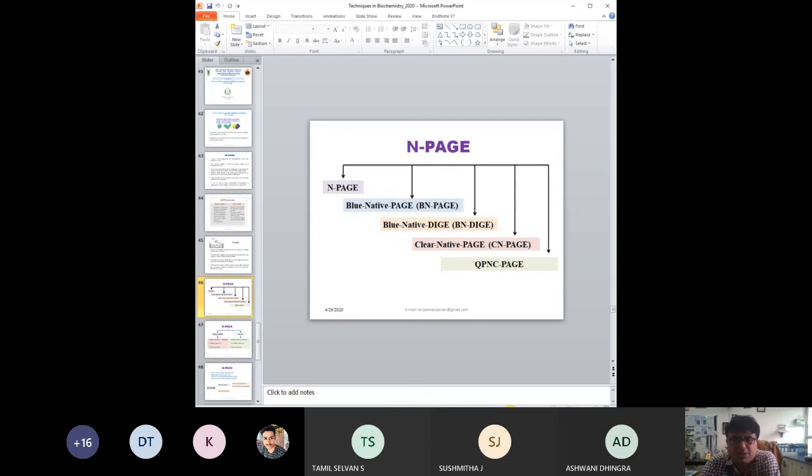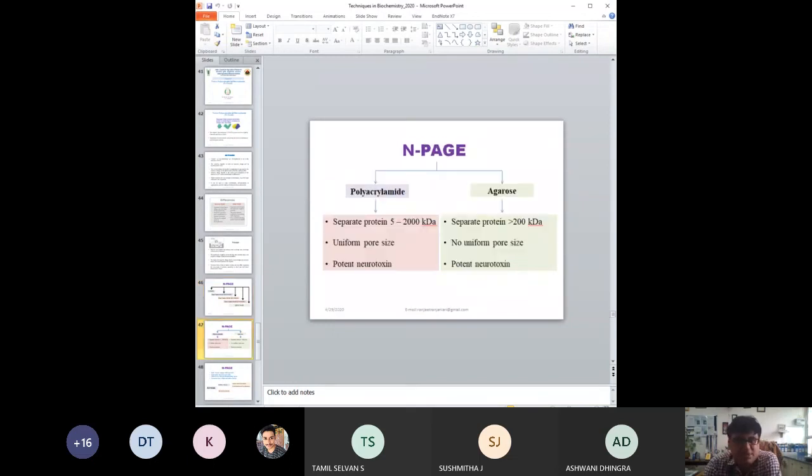And once it polymerizes, only then can we use it for the separation of metalloproteins in their biological conformation. And the last method is QPNC-PAGE. As I told earlier, this is also one of the methods which is very much preferred by industry people. So let's take these methods one by one.